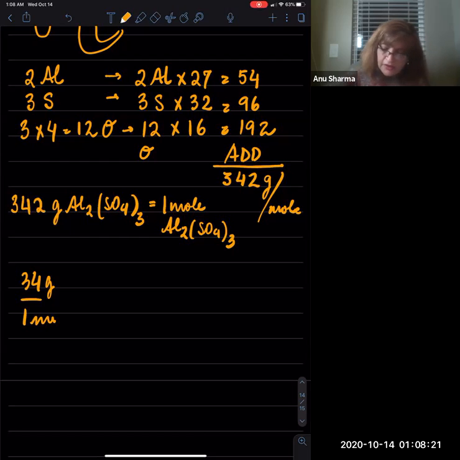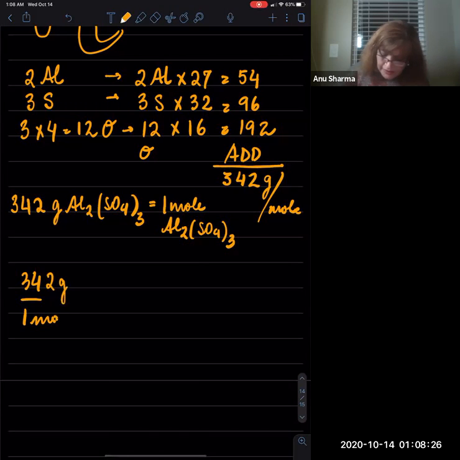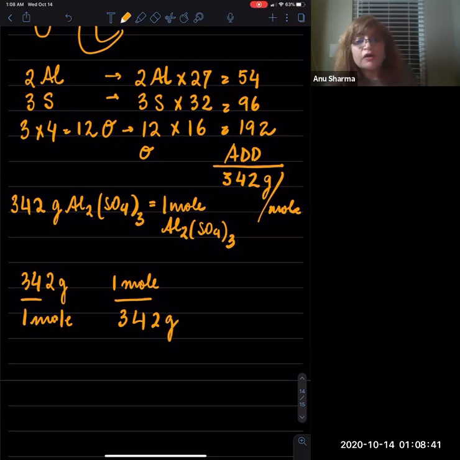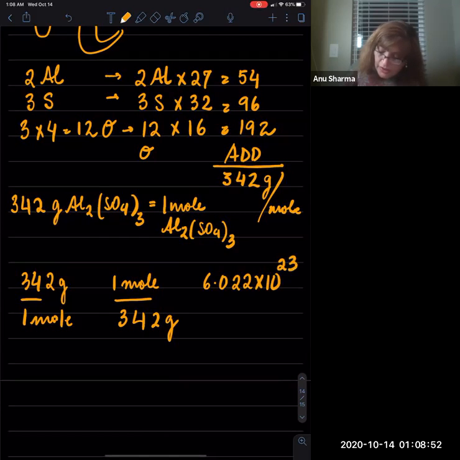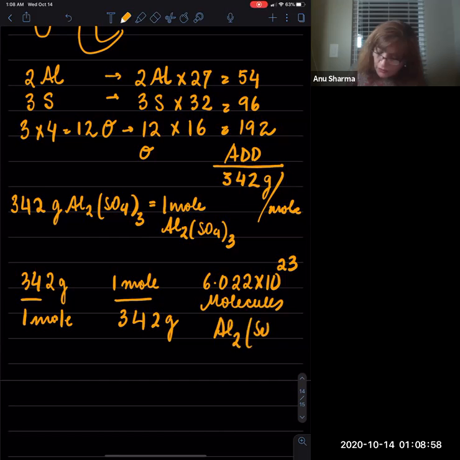So we have here 342 grams of aluminum sulfate is present in 1 mole, or 1 mole of aluminum sulfate contains 342 grams of that material. So if you weigh 342 grams on a weighing machine of aluminum sulfate, you are technically weighing 1 mole of that, and you're technically weighing 6.022 into 10 to the power 23 molecules of Al2SO4 whole thrice. Okay, so that's the interesting part.